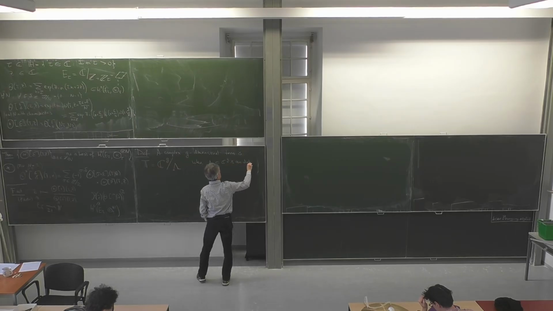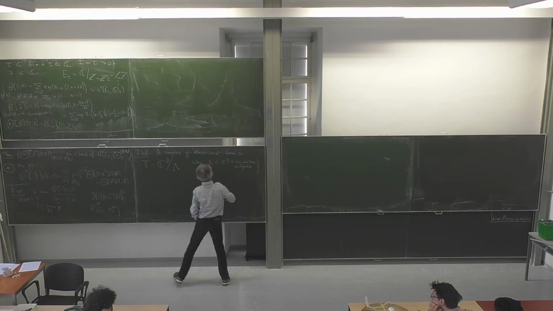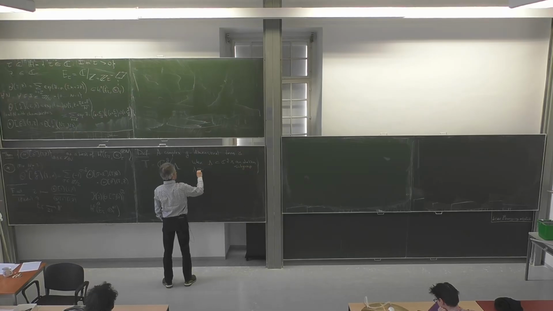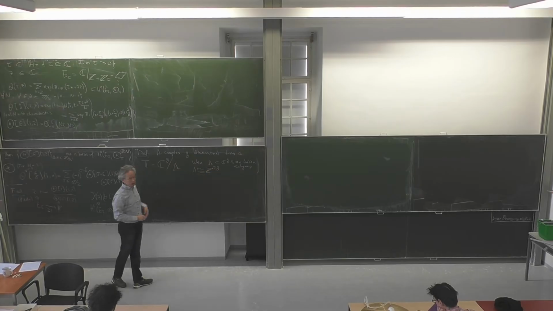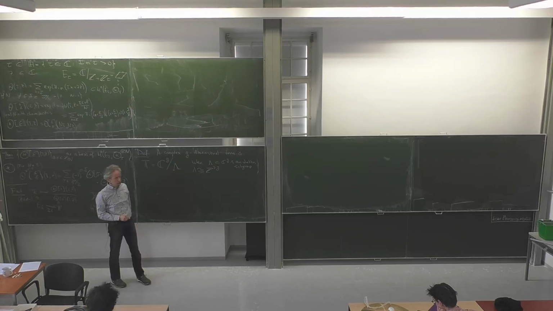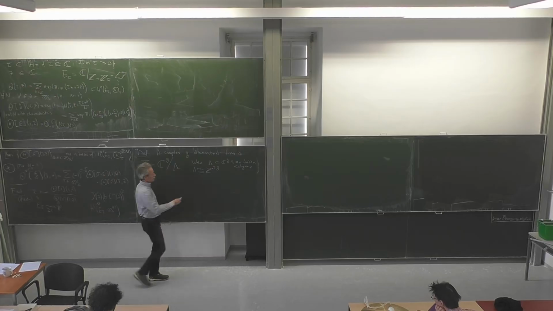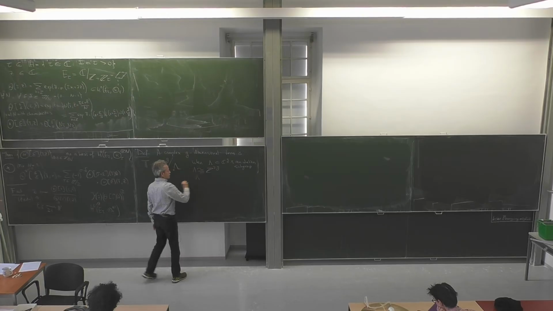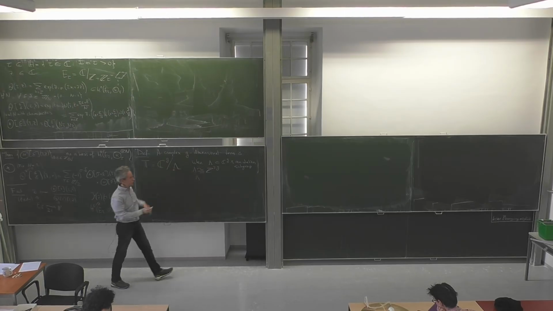So you can add points in lambda and get points in lambda, and I want lambda to be isomorphic to Z^{2g}. So it's generated by 2g vectors, 2g complex g-dimensional vectors, and I want it to be non-degenerate, which is to say that it should span all of C^g.